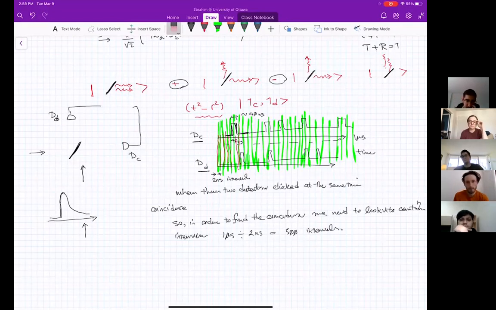Because it is not in the same time window. When you go to here, you will see the coincidence exactly here. So you have one coincidence for that given time. You follow up again, and you will have another coincidence here. Then you go and you don't see anything. At the end, you will end up maybe with 100 coincidences.